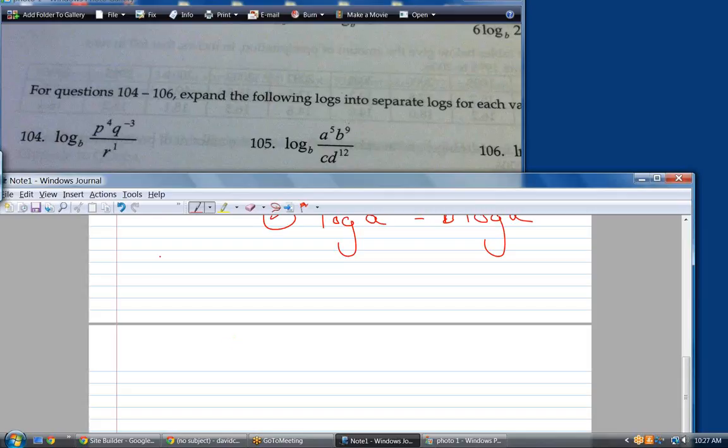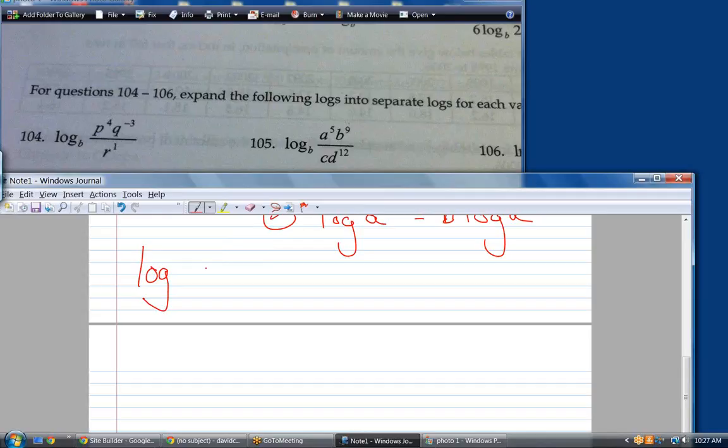Let's do it in 2 steps. Expand the numerator and then expand the denominator. So it'd be log. I'm going to omit writing the b just to save myself pencil cramp.